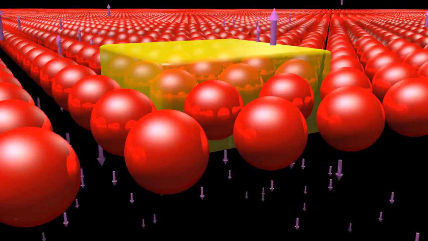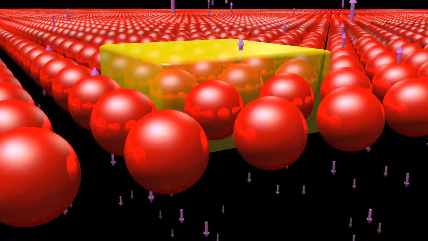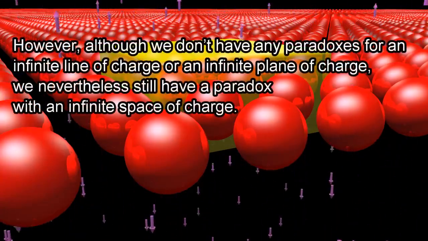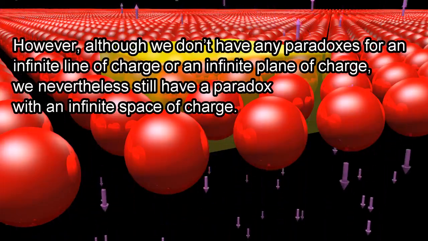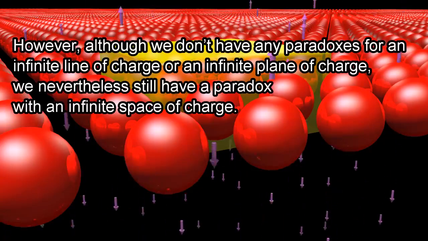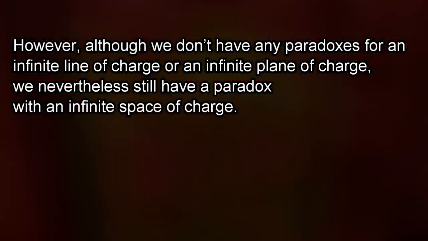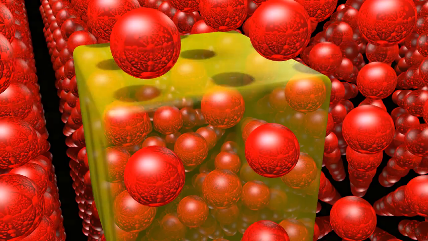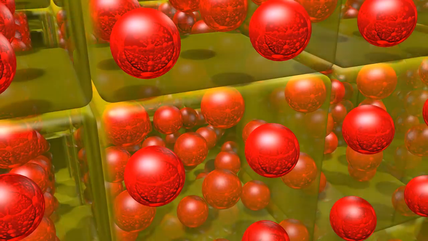We can find solutions to these scenarios without any problems. However, although we don't have any paradoxes for an infinite line of charge or an infinite plane of charge, we nevertheless still have a paradox with an infinite space of charge. This paradox has not yet been resolved by any of the previous discussions.